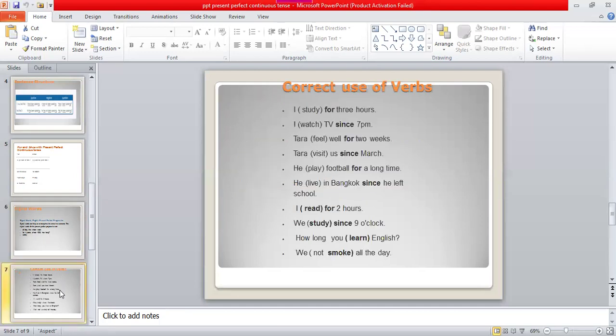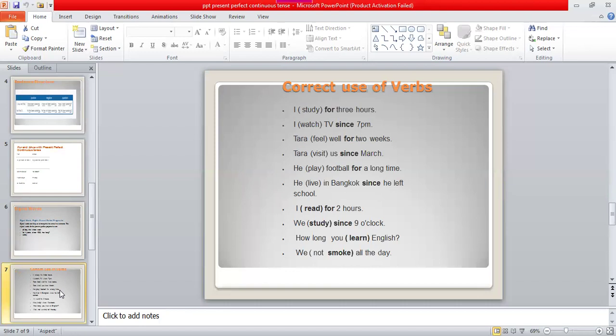present perfect continuous tense. Now I have prepared some sentences for you people. In this way, you are going to have your sentences in your question paper for class 9 and for class 11. And in all these sentences, you can see that for and since have been used, all the day.